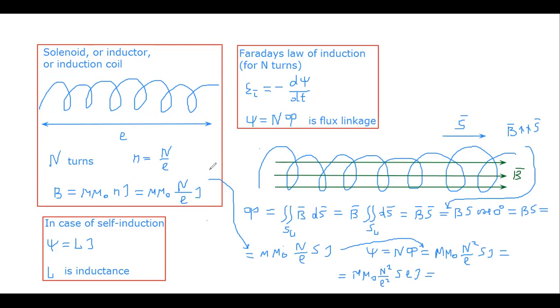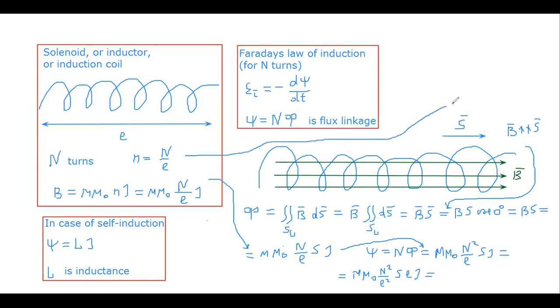let's remember that number of turns divided by the length of solenoid is equal to concentration of turns per unit length.